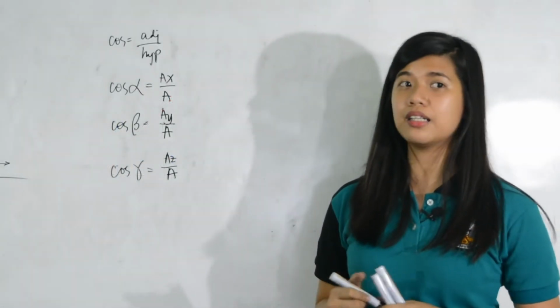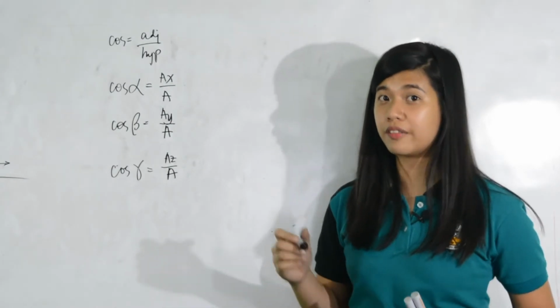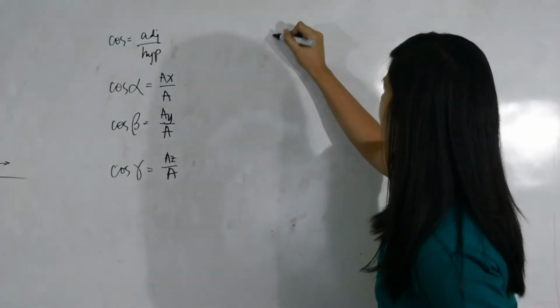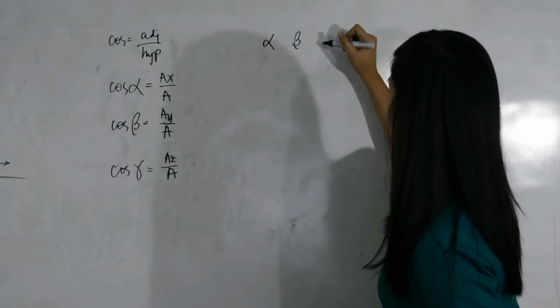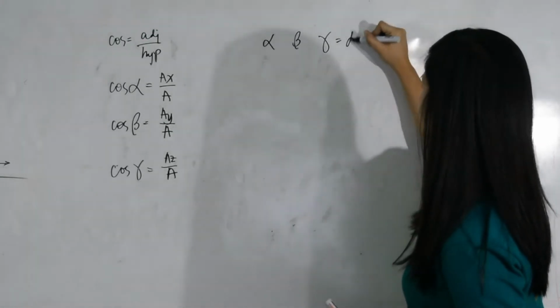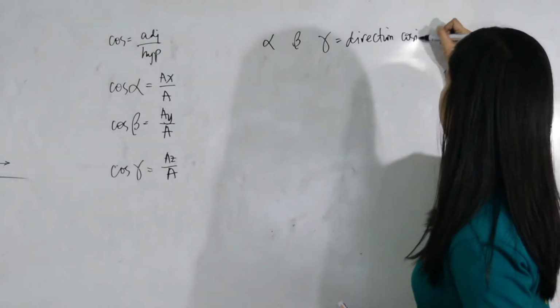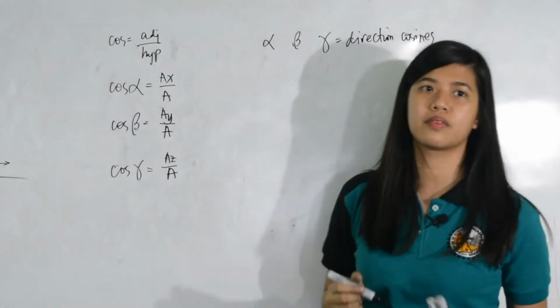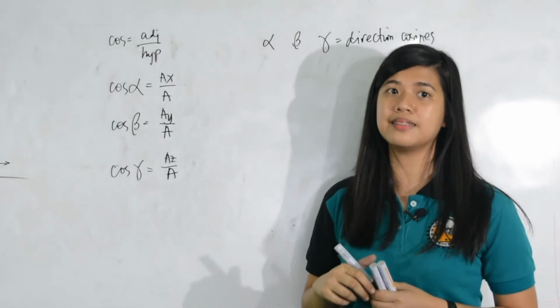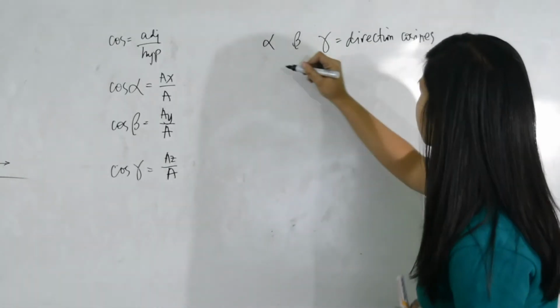The cosines of the angles alpha, beta, and gamma are called the direction cosines. Let's designate them as l, m, and n.